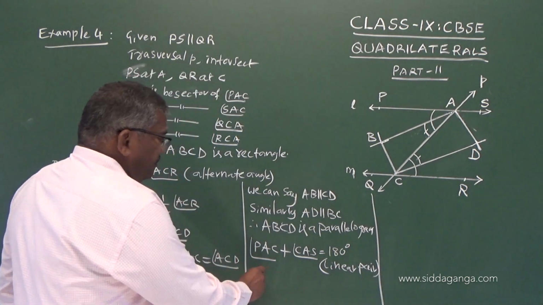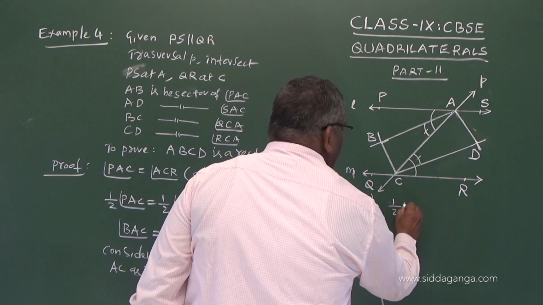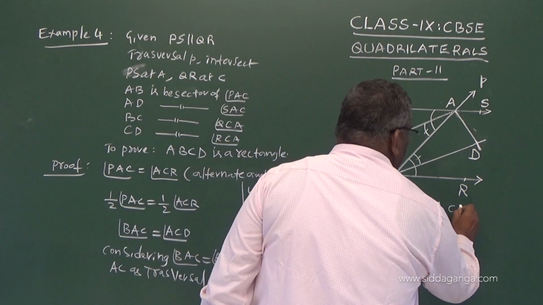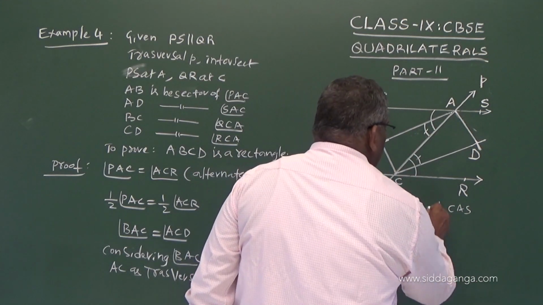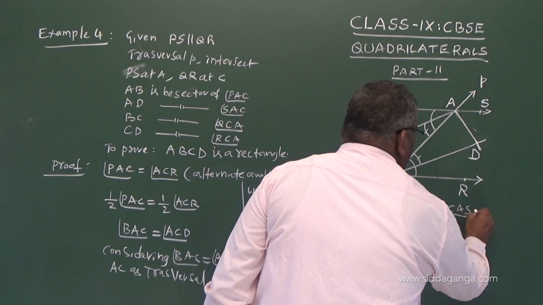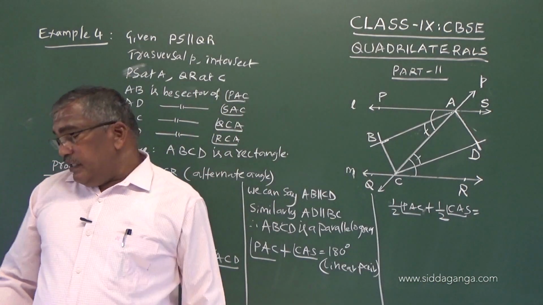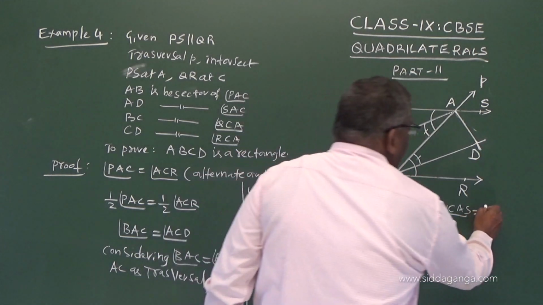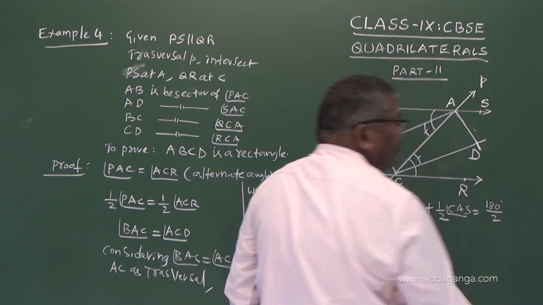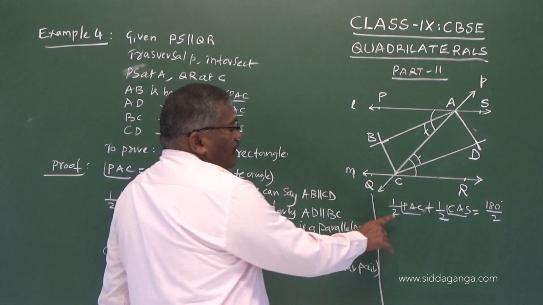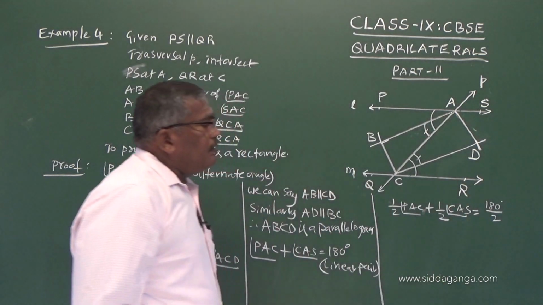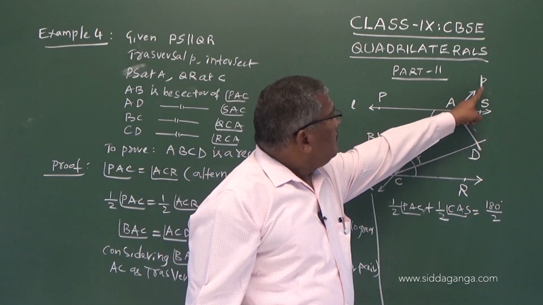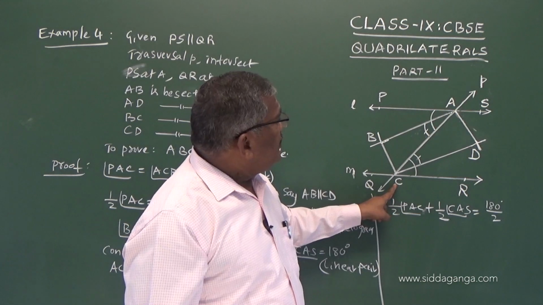Now, half of PAC plus half of CAS must be equal to half of the total, that is 180 divided by 2.